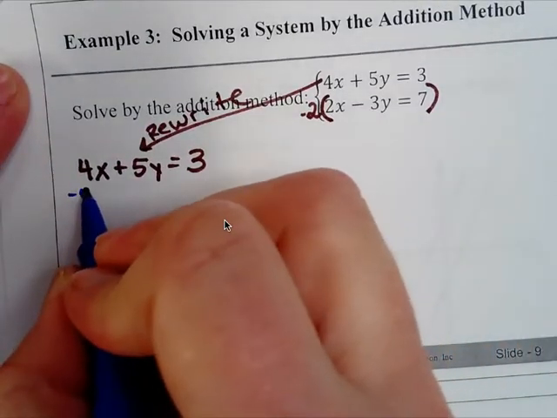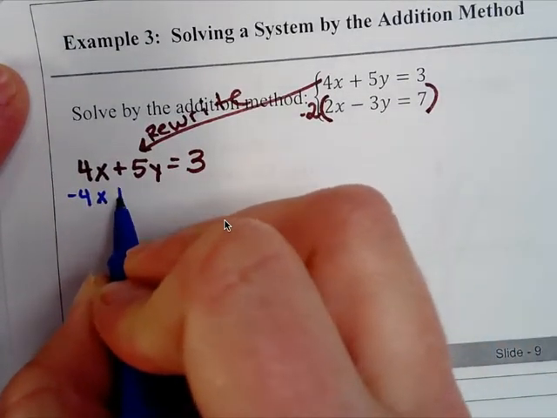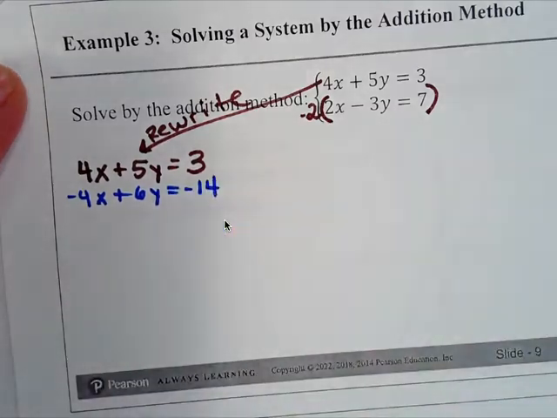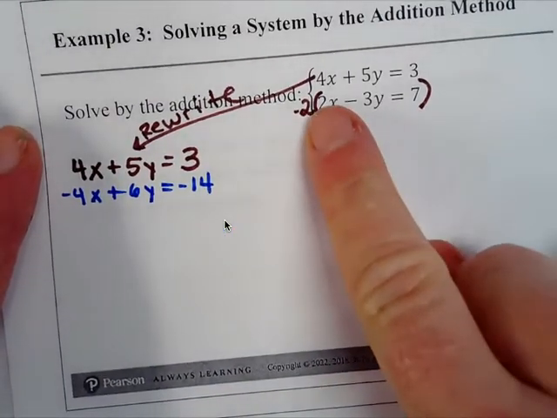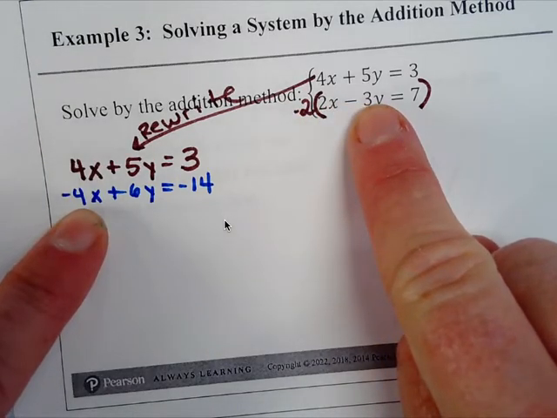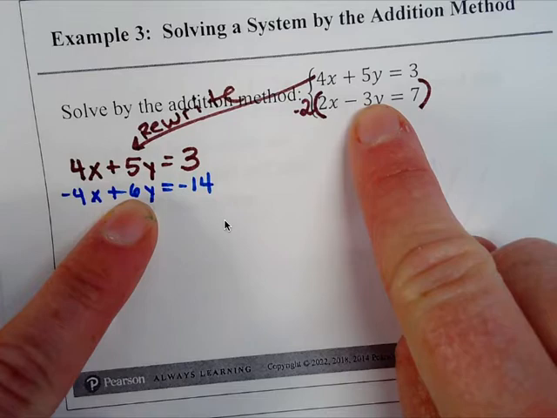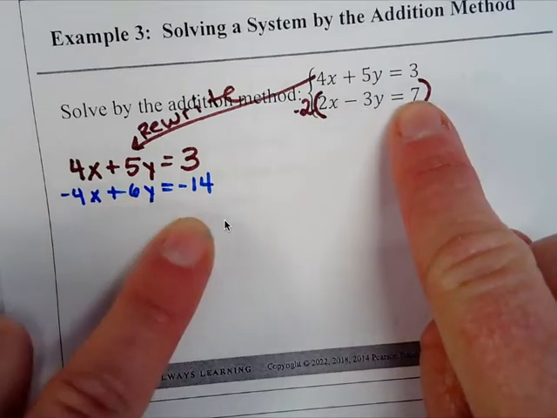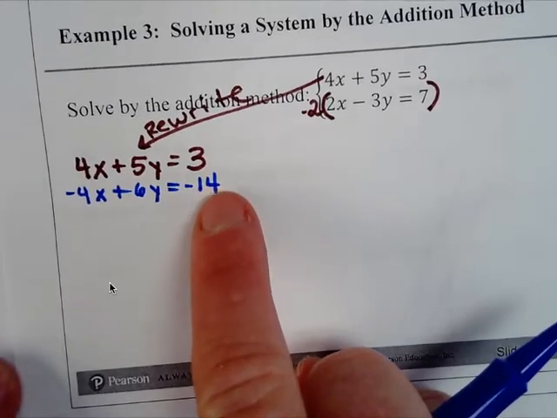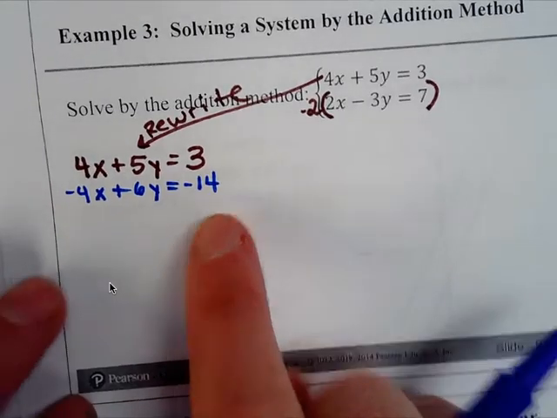So this is -4x plus 6y equals -14. So what I did was I multiplied -2 times 2 to get -4, a -2 times a -3 to get a +6, and -2 times a 7 to get a -14. Something that a lot of people miss is that c value. They forget to multiply that one.